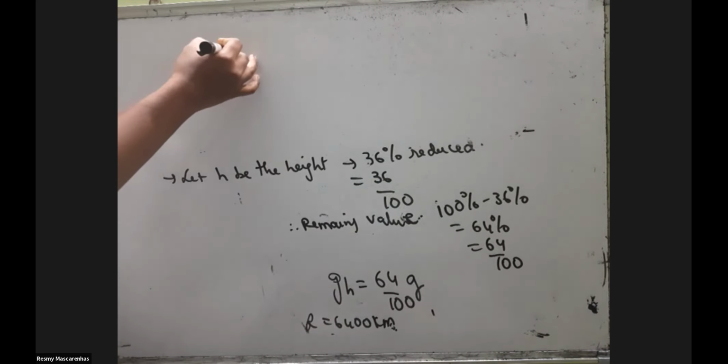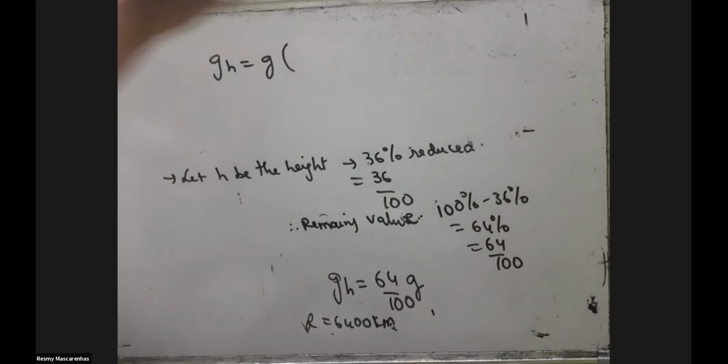So gh will be g times, same formula. Now we have to find the height, no?